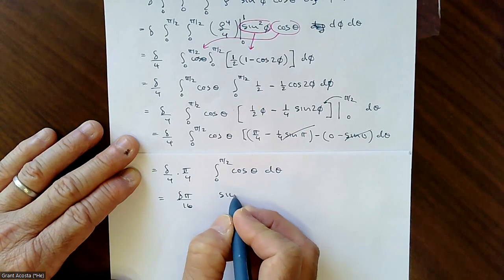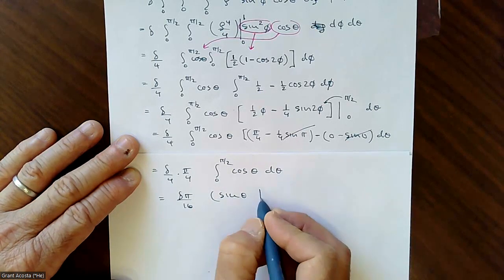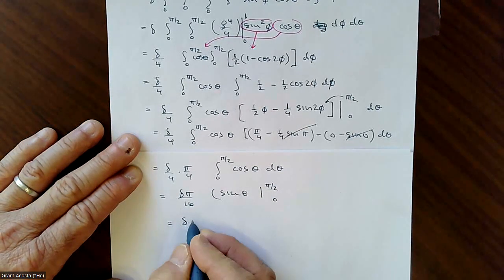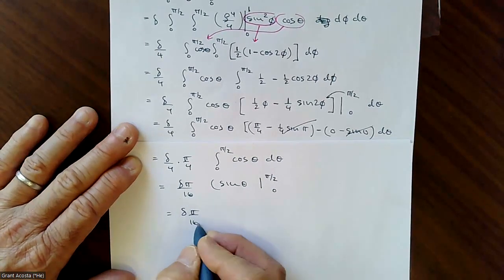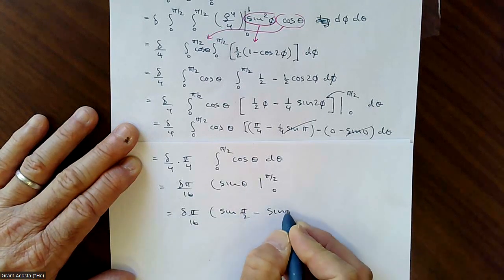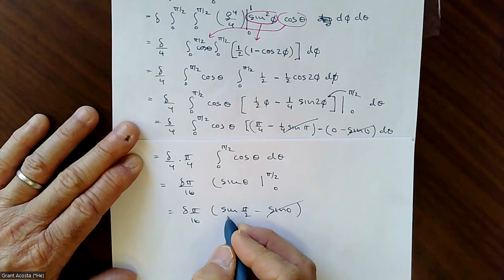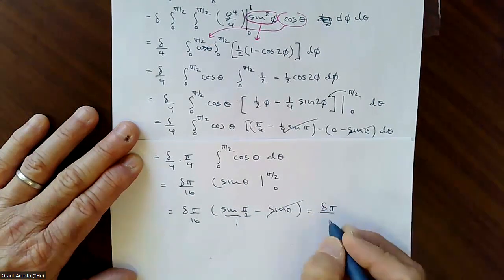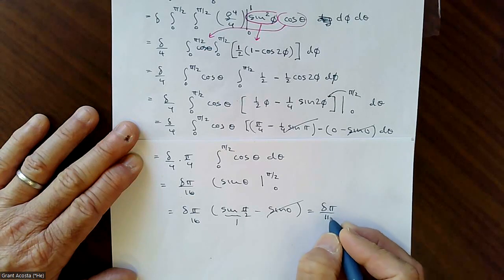This will integrate to sine of theta from 0 to pi over 2. Sine of pi over 2 minus sine of 0. Sine of 0 is 0. This is 1. So finally, I get an answer of delta pi over 16. There we go.